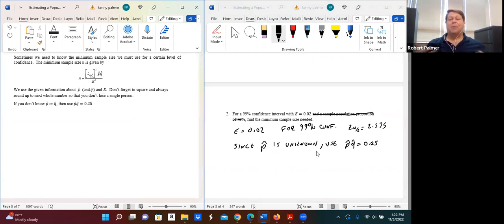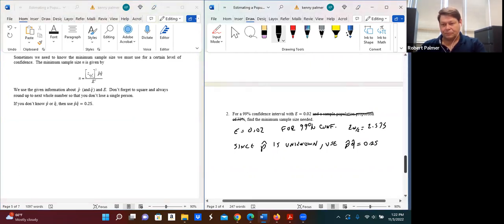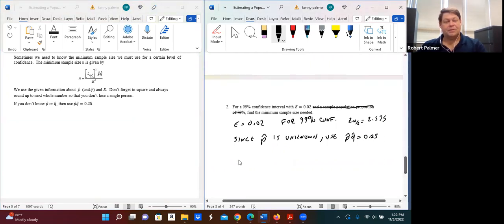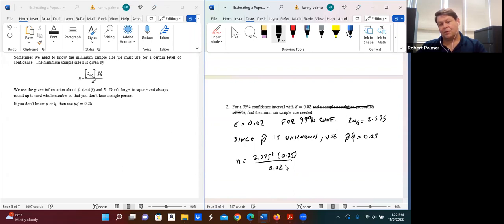So that gives you the most confidence. Now let's plug all these in. And so N is equal to 2.575 squared times 0.25, substituting that for P times Q, over 0.02 squared.